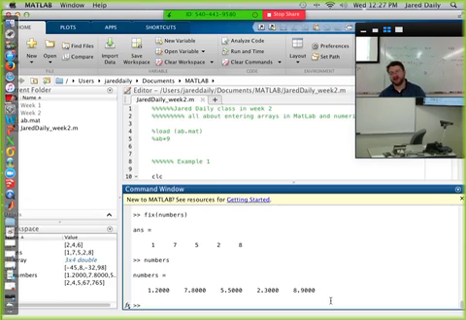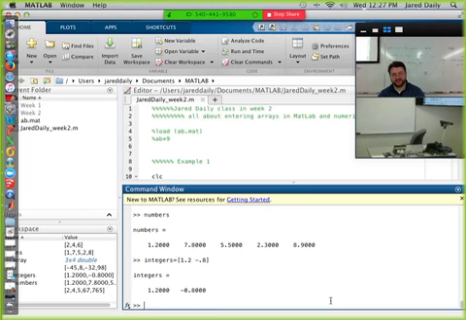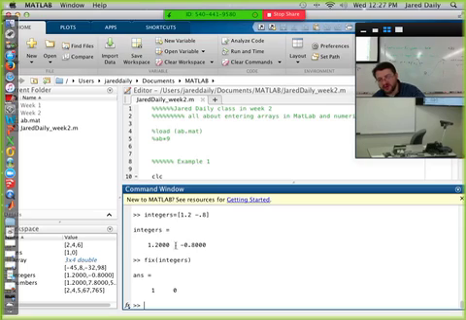So if I have another array called integers, and it has some negative numbers in it, so if I have 1.2 and then I have negative 0.8, for example, in my array, and then I fix that array, then it rounds the 1.2 down towards 0, but it rounded the negative 0.8 up towards 0.